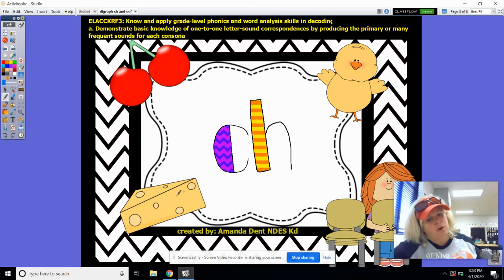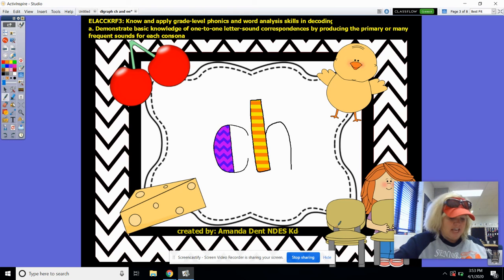Swiss cheese with all the little holes in there, right? And what are these? We have them in our classroom and we stack them up, but no taller than 5. They are chairs. Very good. So what two letters together say ch? The two letters that say ch are C and H.